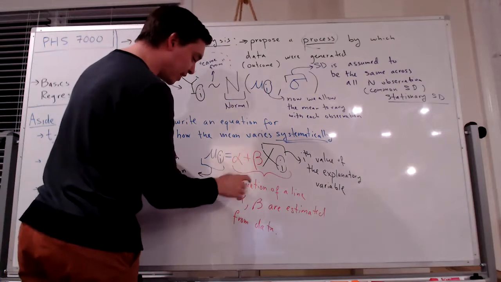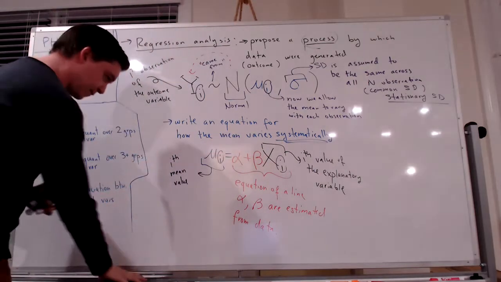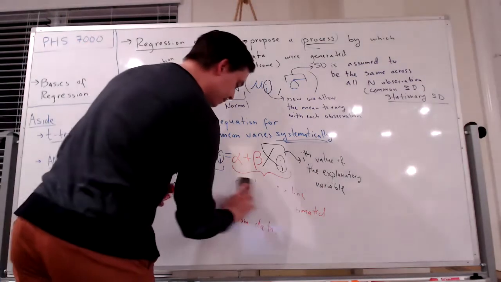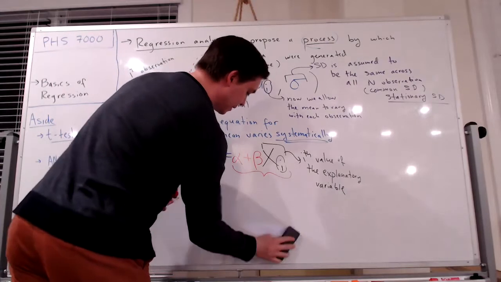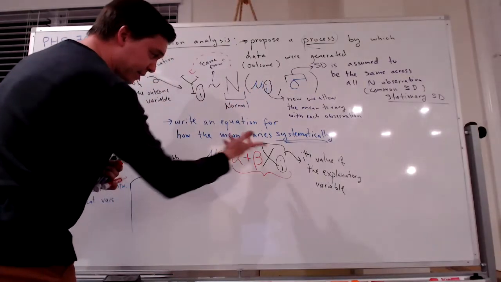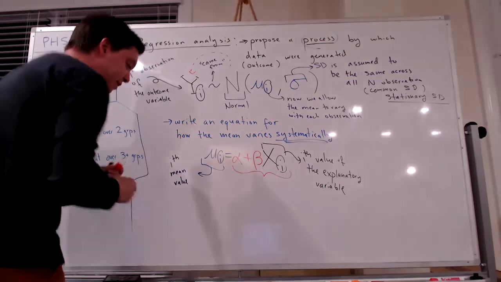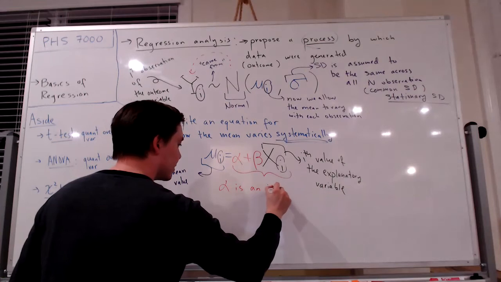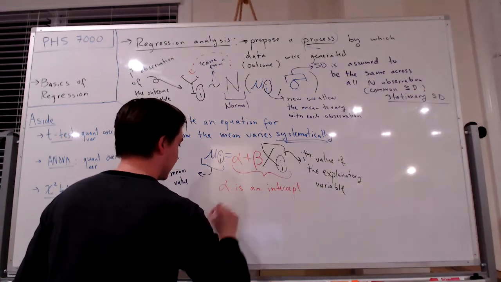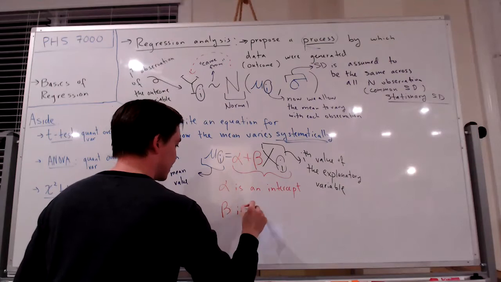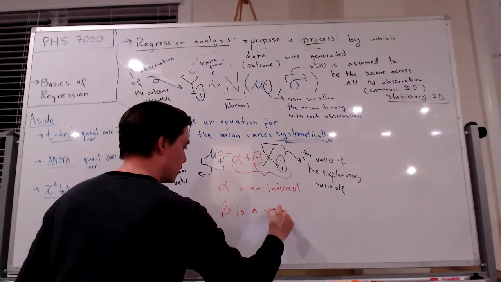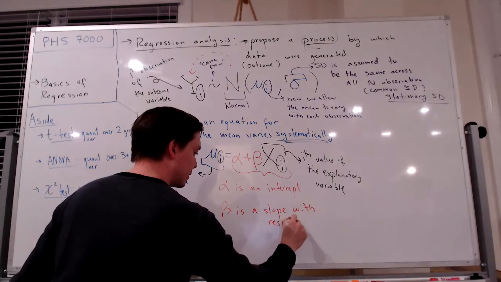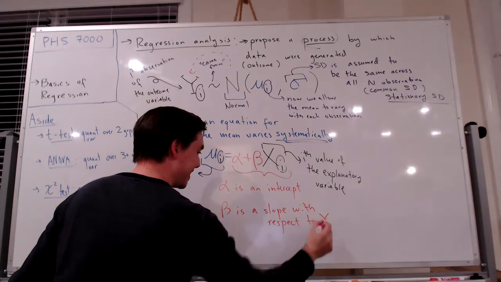Now, we're almost always interested in these alphas and betas. An equation of a line means that these two things are called parameters, right? They're regression parameters. Alpha is an intercept, and beta is a slope with respect to x.